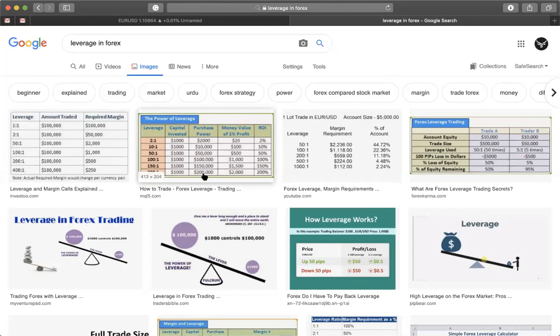When the broker lends you that $200,000 to place that trade, the broker isn't worried because their money isn't at risk, right? If you lose that trade and you lose a couple dollars or a couple $100, the money that they lent you is not affected because the money that is lost comes out of your $1,000, right?